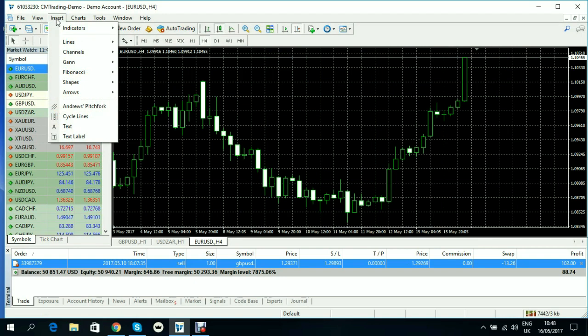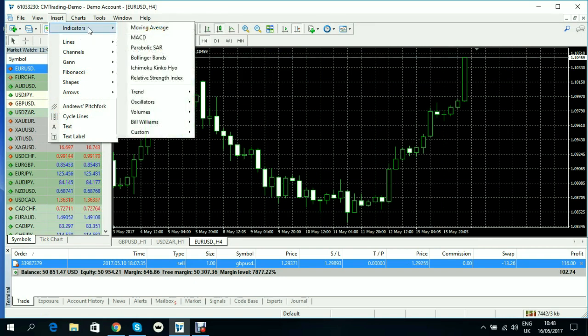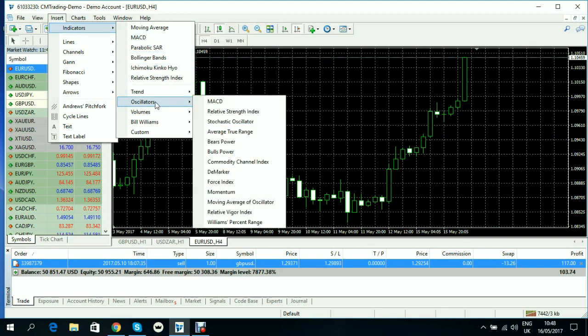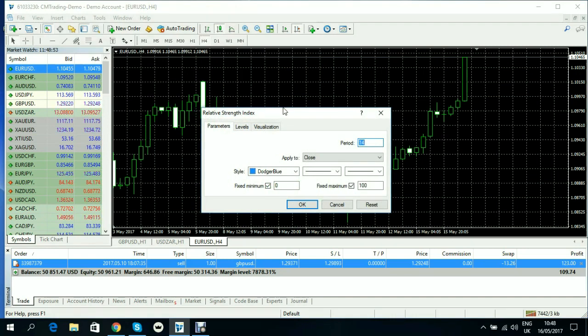It's an indicator, so we will find it in Indicators. It is also an oscillator, so we'll find it in Oscillators. In Oscillators, we look for Relative Strength Index, which is this, and then we click OK.